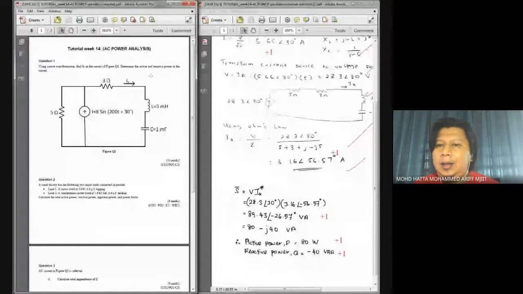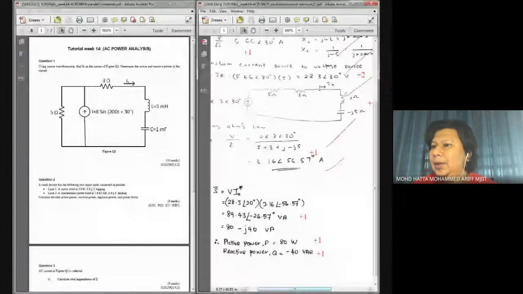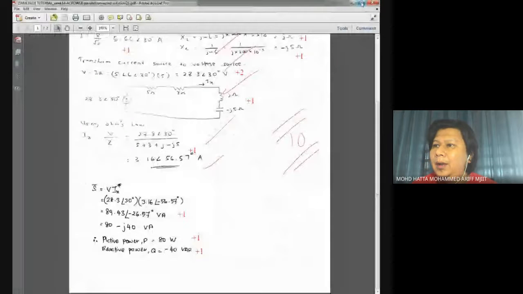And I believe the fastest way or the easiest way to do that is by using the formula of complex power. According to the circuit that we have earlier, we have a series connected element and also a voltage source to supply the power to the circuit.